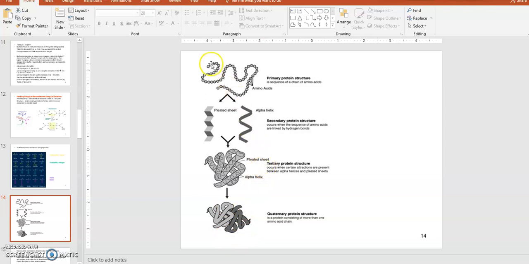Primary structure is based on the peptide bonds among all those amino acids. But if hydrogen bonds are involved in the amino and carboxy groups of your peptides, then you will form the secondary structure, like beta pleated sheet or alpha helix structure. Those are secondary structures based on the hydrogen bonds formed among different amino acids.